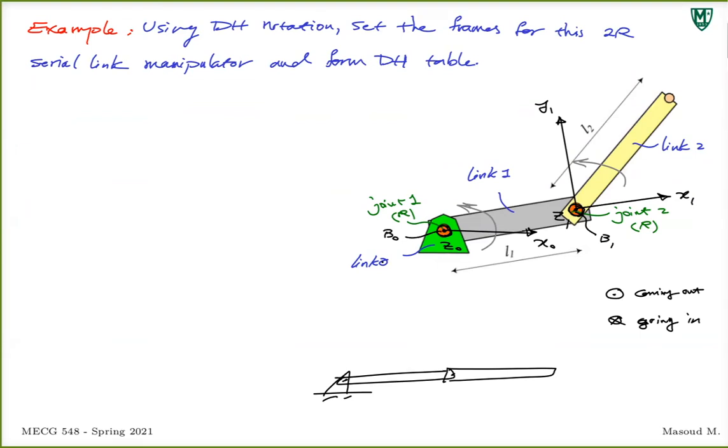Now, if I'm in rest position like here, let me try it here. If this is the rest position, and it starts moving at some point, it's like this. Now, if I set my x1 here and y1 there, and x0 is in this direction, this becomes theta 1.